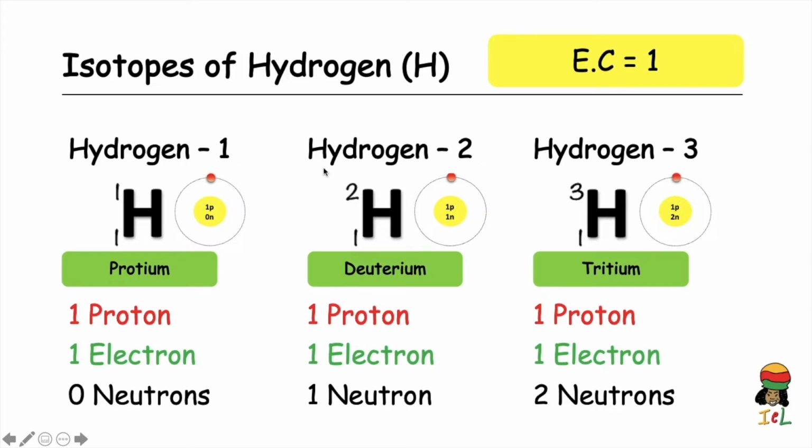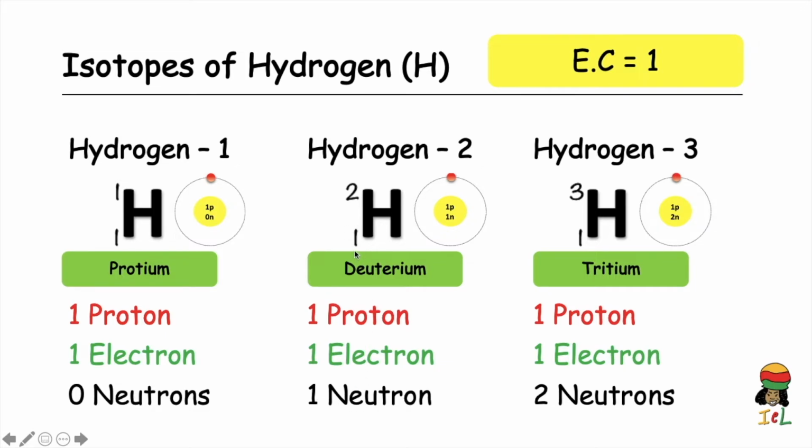Since each isotope of hydrogen has an atomic number of 1, then each isotope carries 1 proton in its nucleus. However, the number of neutrons differ. Protium has no neutrons. Subtract the atomic number 1 from the mass number 1 gives 0 neutrons. Deuterium has 1 neutron.